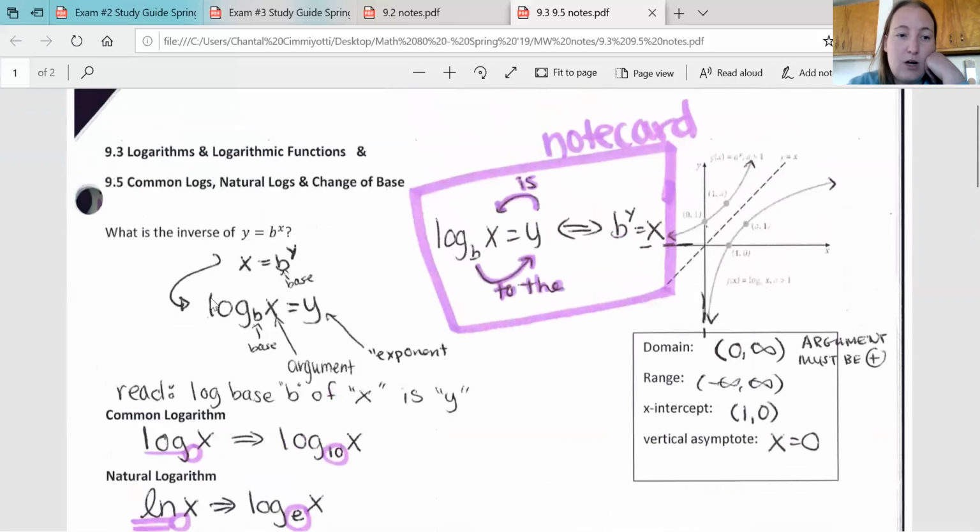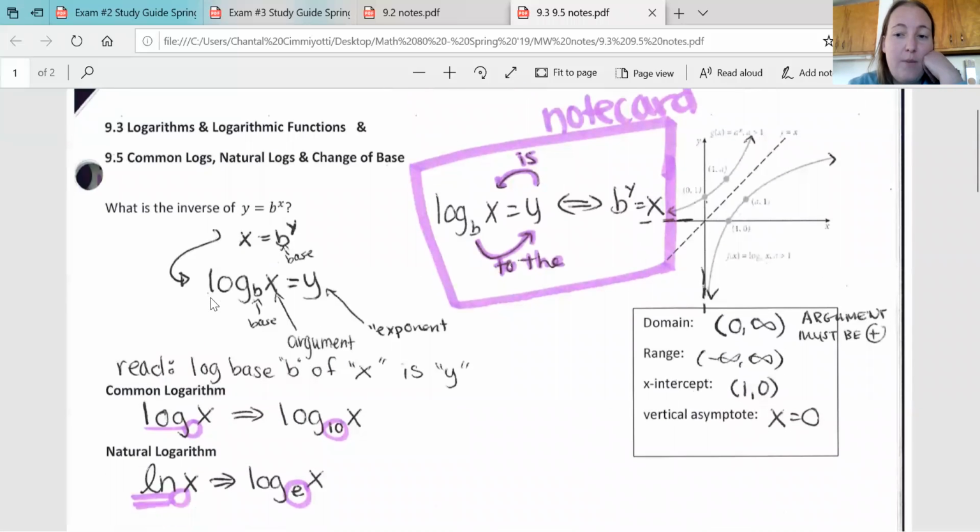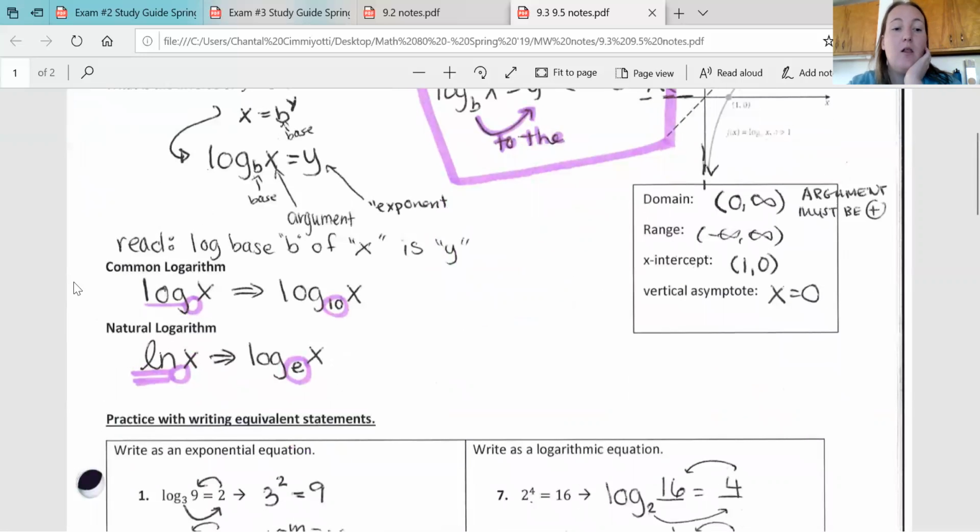So the lesson also talked about common logs, and the common log is when you have a log of base 10, because we are in the base 10 number system. So we kind of assume that when there's nothing here, that it's base 10. Okay, so we talked about how, if you have an invisible coefficient, that means 1. If you have a base, the invisible exponent is 1.